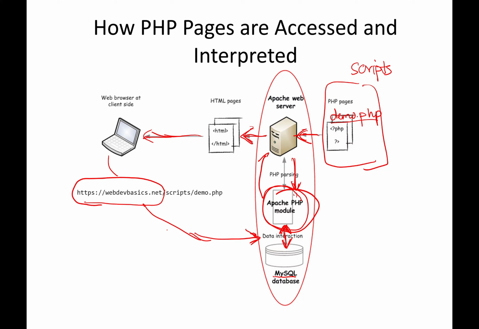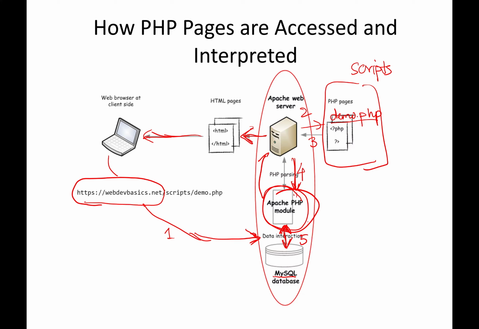So if we say step one is requesting it to the web server, step two is sending it or looking for it, and step three is getting the PHP file. Step four is sending it to the Apache PHP module to execute it.